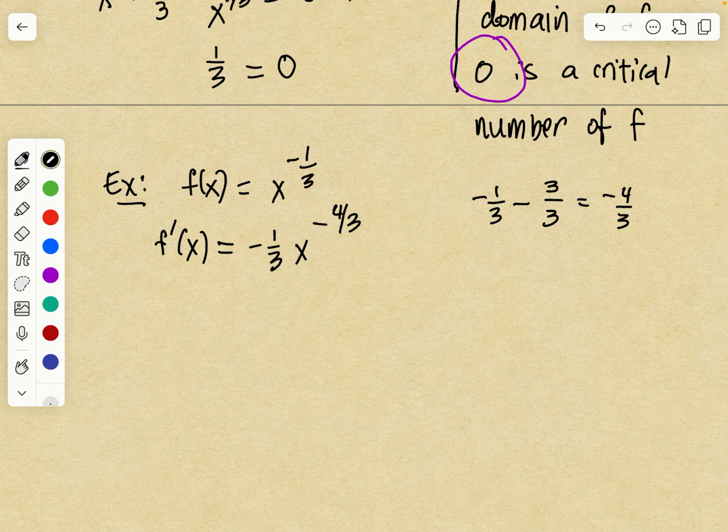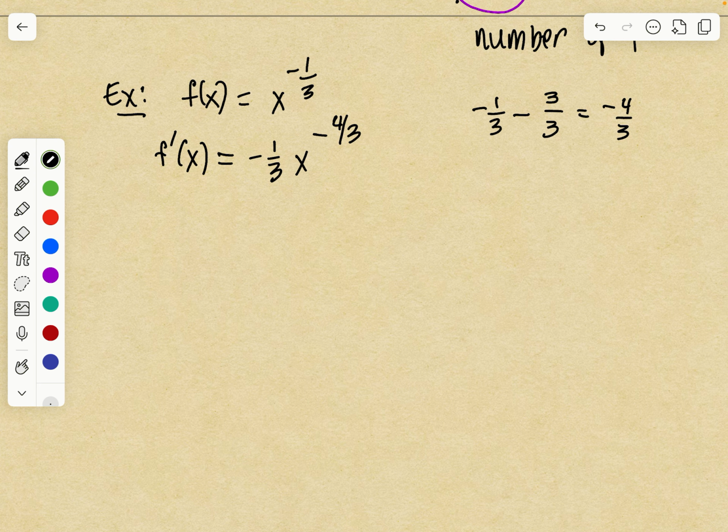And now I want to see where this guy is 0 and then where it's undefined. So let's see where this is 0. So I set f prime of x equal to 0. And now what can I do? I can multiply by x to the 4/3 on both sides. Multiply both sides by x to the 4/3.